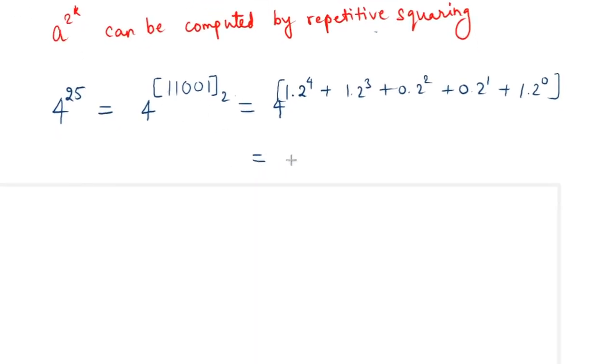This will give us the value 4 raised to 2 power 4 plus 2 power 3 plus 2 power 0. And here this can be simply written as the product over k having the values 0, 3 and 4 of 4 raised to 2 power k. These are the values where t_k is set to 1.